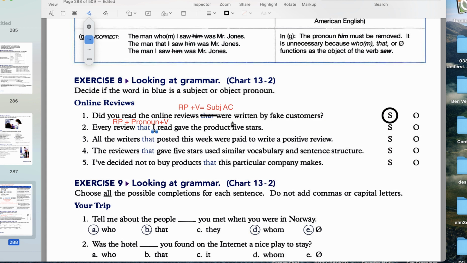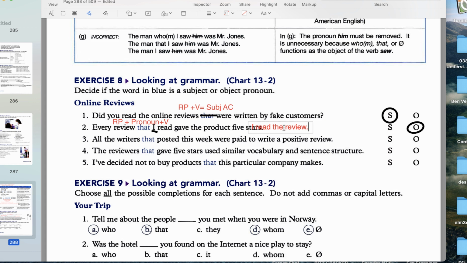And I'm talking about every review that I read gave the product 5 stars. I read the review. So we know it's an object. So over here, we're going to say object. Because if we were to pull that second sentence out, it would be "I read the review."